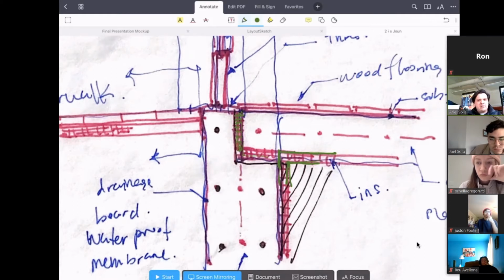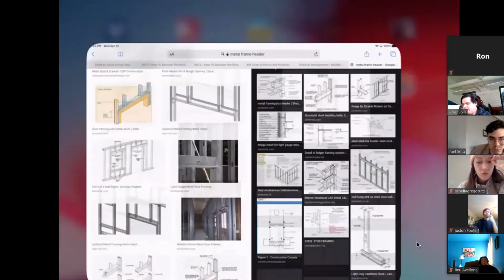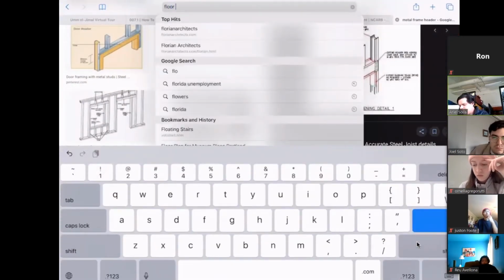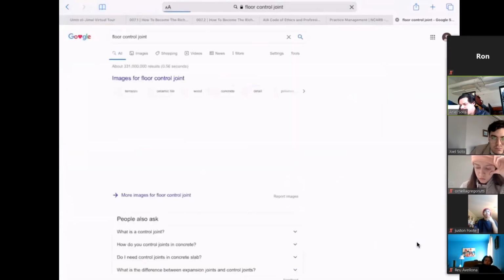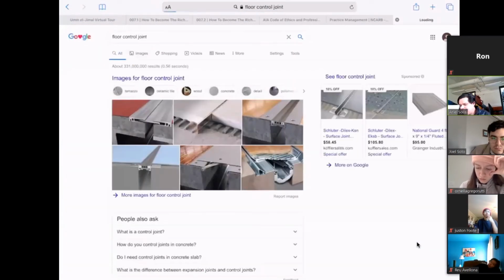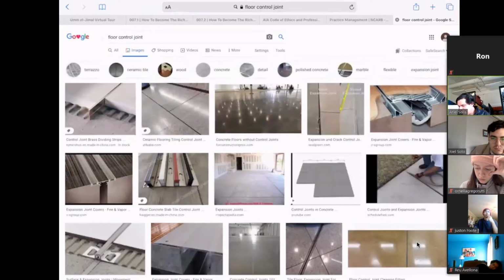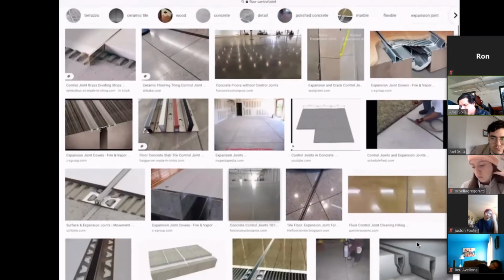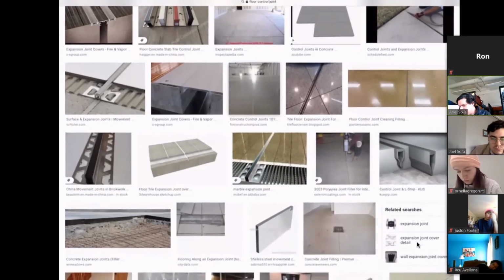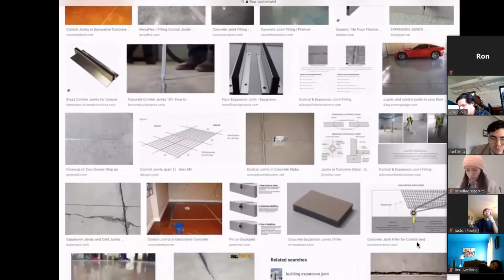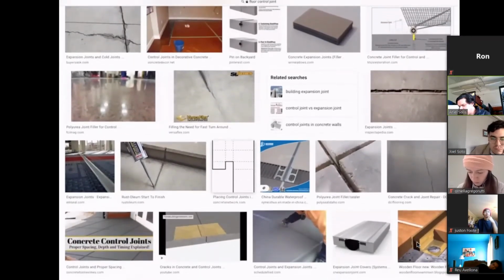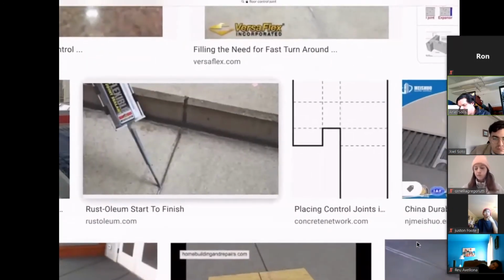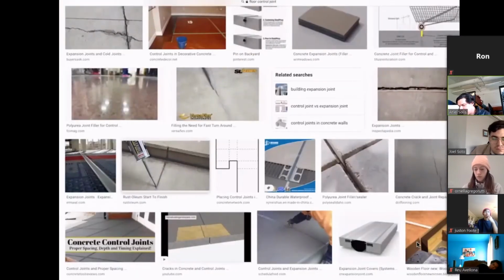So I say backer rod, I look it up so you can see them, and then if I go in here and search floor control joint, okay, let's see what kind of floor control joints I have. None of this will really help me for that, so I'm gonna look into any option. There are some that I can use, where I can put different sorts of caulks.